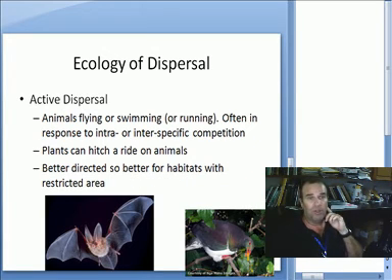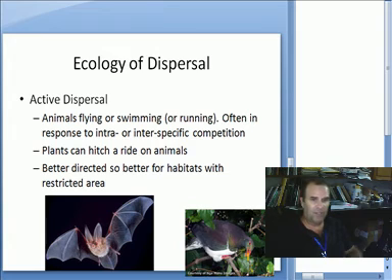In other words, they fly or swim or run, quite often in response to some sort of competition, so they can try and find areas which have less competition, more resources. So we get animals like our bats here and our pigeons or fruit doves, which can usually fly, and they are able to disperse fairly large distances.